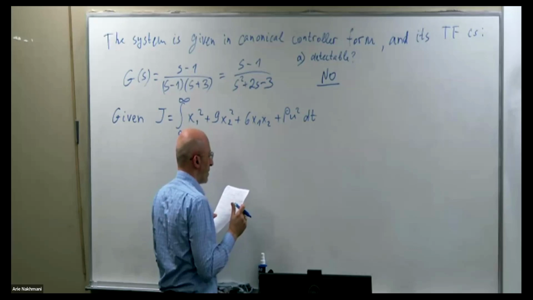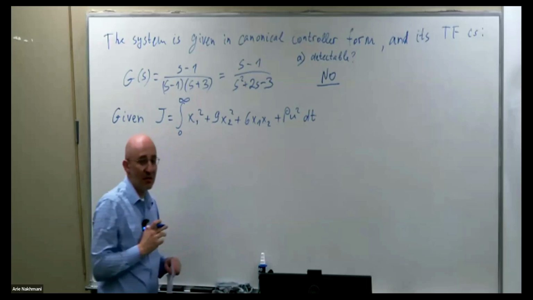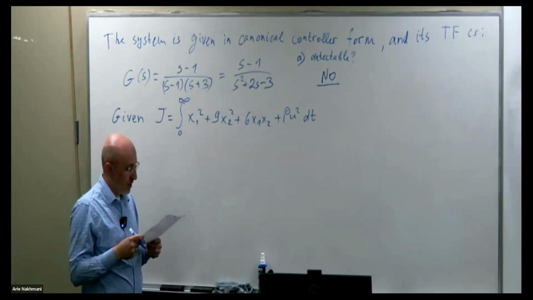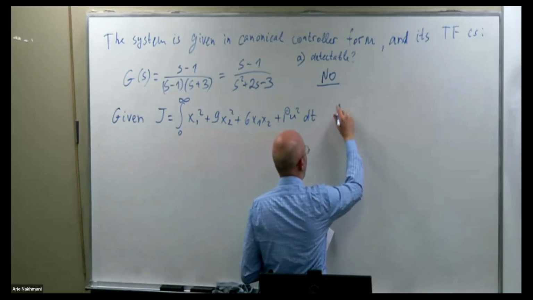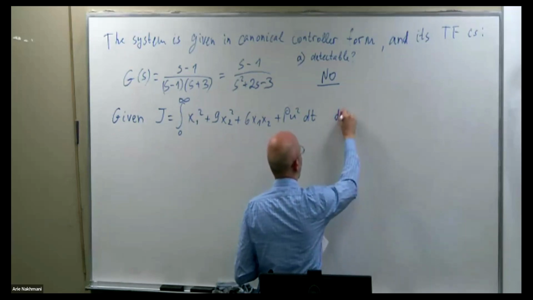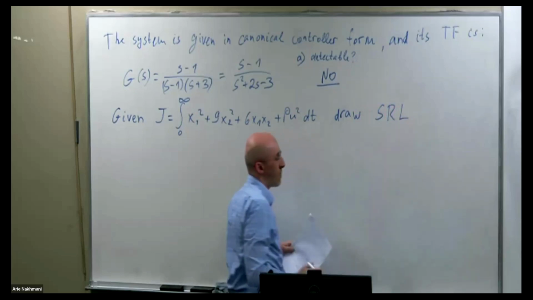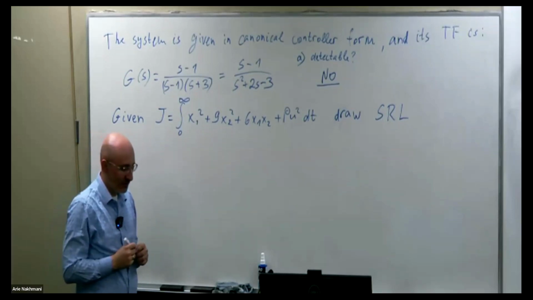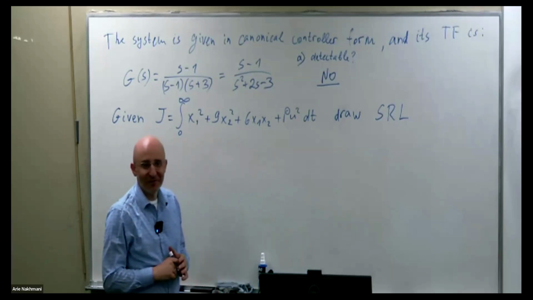Okay. So you need to draw root locus for that system as a function of rho. This is the first part. Symmetrical root locus. This is part one. You see how it might look like. Any ideas how it might look like?